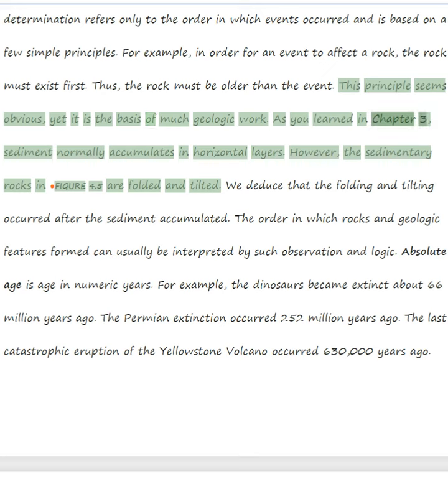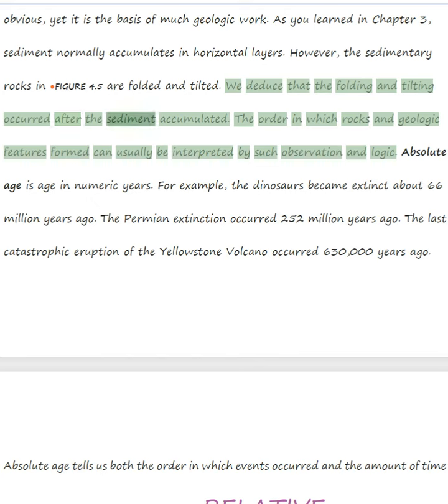As you learned in Chapter 3, sediment normally accumulates in horizontal layers. However, the sedimentary rocks in Figure 4.5 are folded and tilted. We deduce that the folding and tilting occurred after the sediment accumulated. The order in which rocks and geologic features formed can usually be interpreted by such observation and logic.